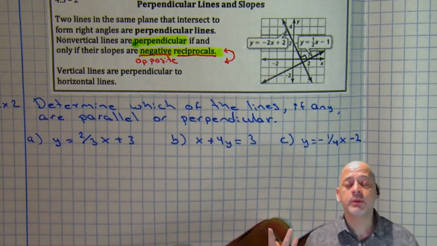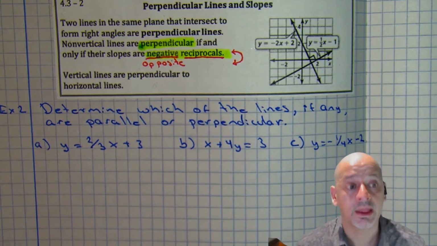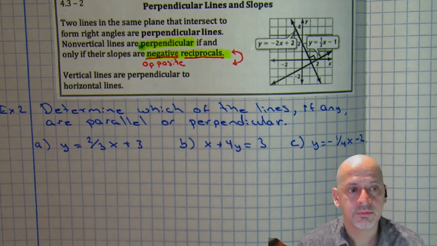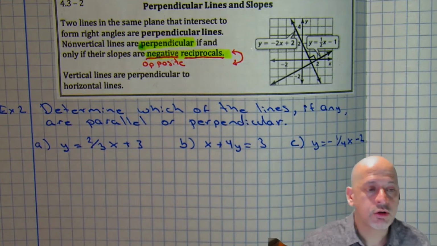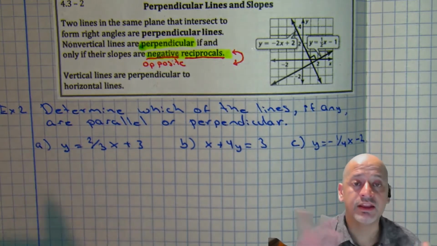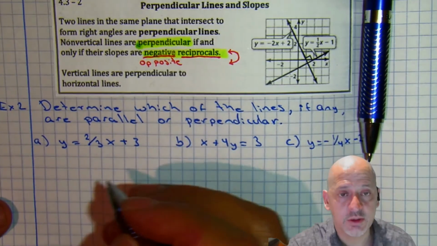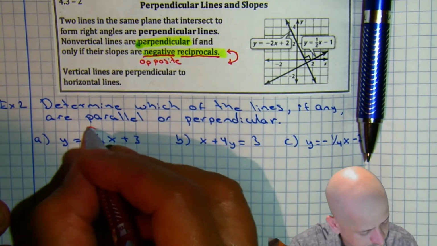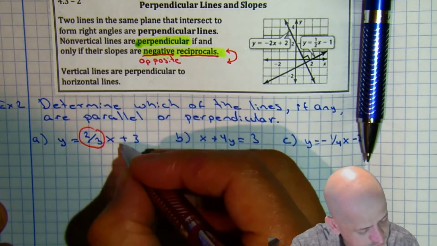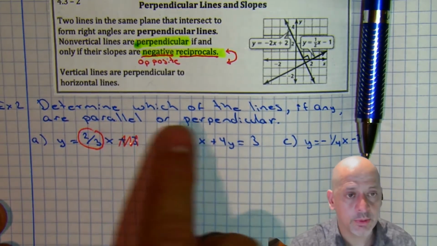So how can we determine if two lines are parallel or if they're perpendicular? That is a good question. In order to determine whether two lines are parallel or perpendicular, we need to be able to find the slope. So let's go and find the slope for the first line. What is the slope for the first line? Correct. Remember that the y-intercept is not going to matter whenever they ask us for parallel or perpendicular.